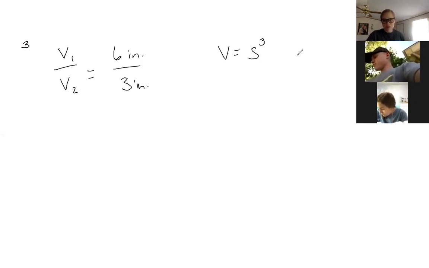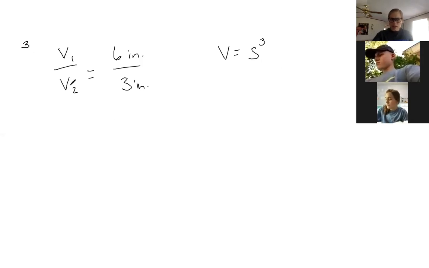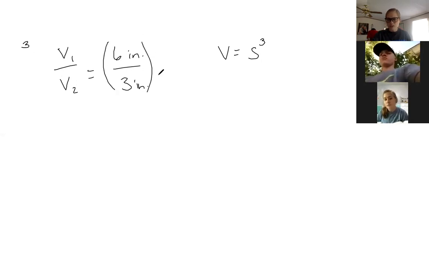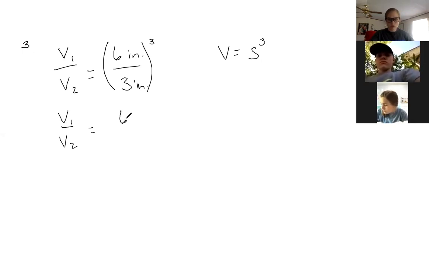So area is s squared, volume is s cubed. So earlier, the areas of figures corresponded to the square of the corresponding sides. Now if we're dealing with volume, what do you think I have to do to the sides here? Cube them. Yes.